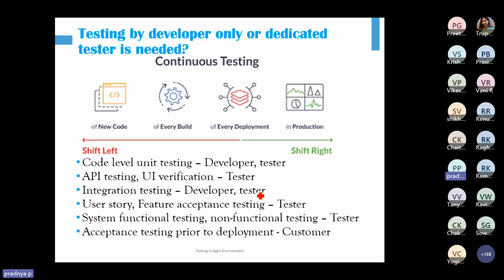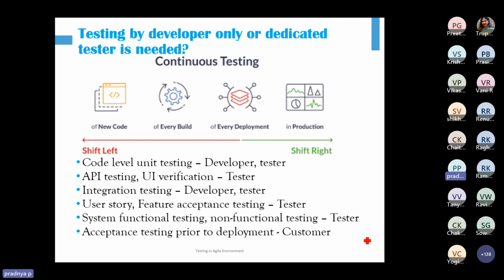API level testing, UI verification typically will be done by testers. The lower level of integration will be done by developers. Higher level of integration can be done by testers. User story testing, feature acceptance testing, functional, non-functional testing will be done by testers. And obviously, the final acceptance before deployment will be done by the customer.